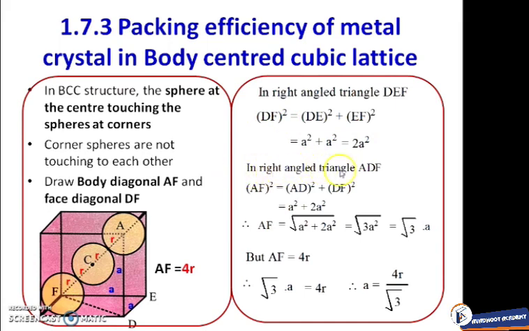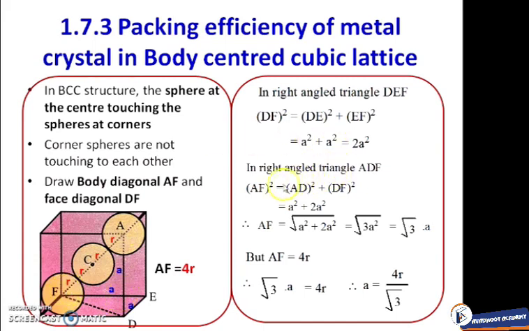Now again consider another right angle triangle, that is ADF. So A, D and F. In this triangle there is a body diagonal, that is AF, and a face diagonal, that is DF. So consider this triangle ADF.